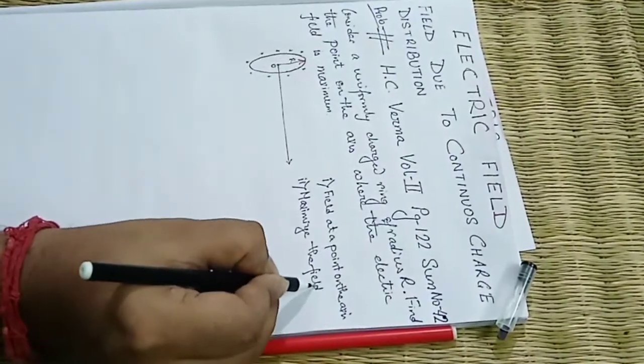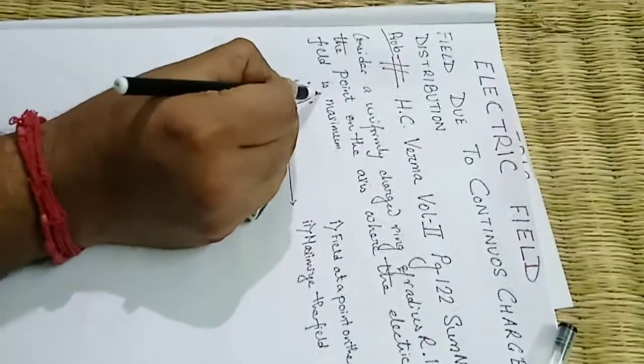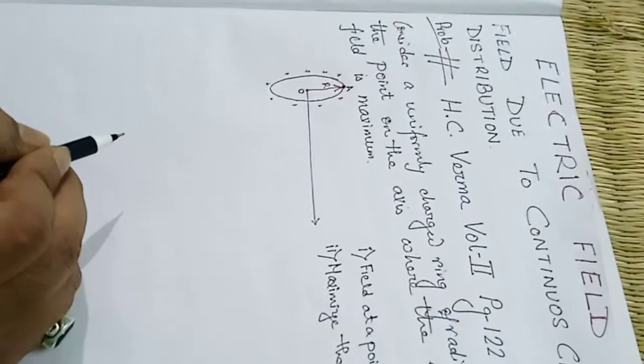Right? So what we do, let us take a point A on the circumference of the ring.